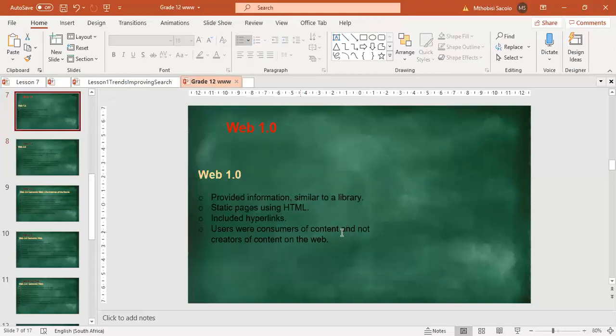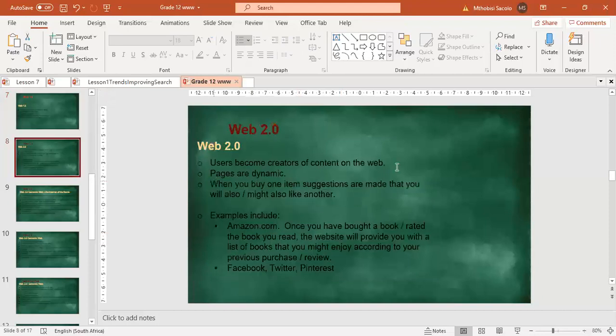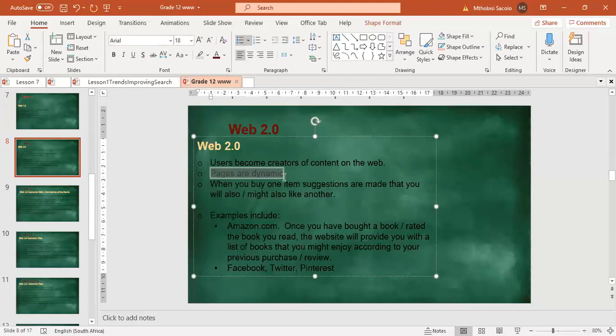So things start to change: users are now also creators of content. Right now we have wikis, so users as well can create content.